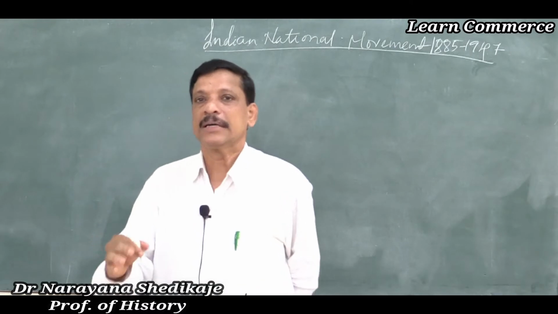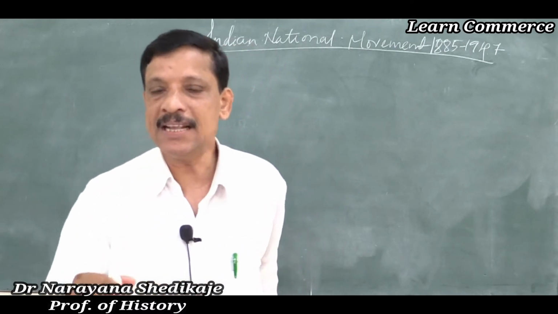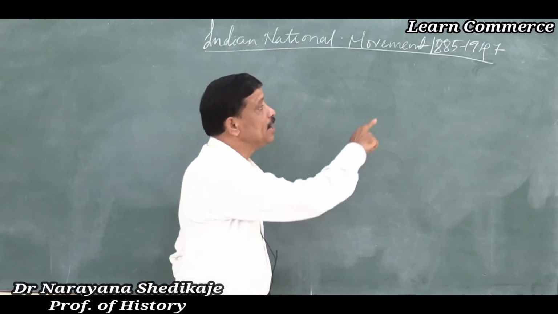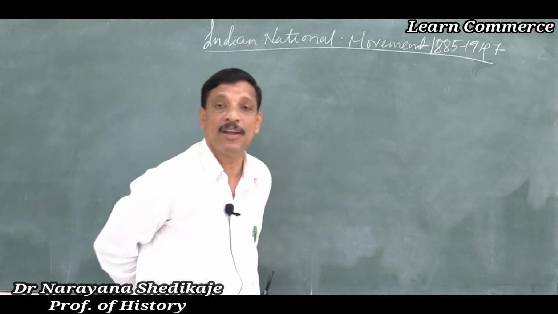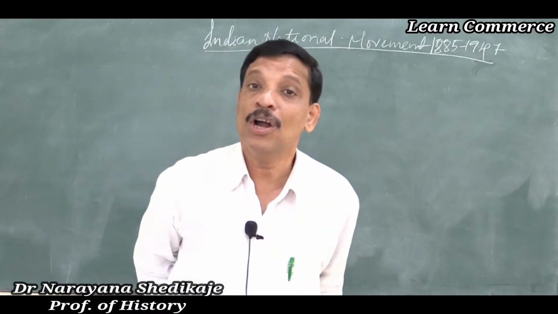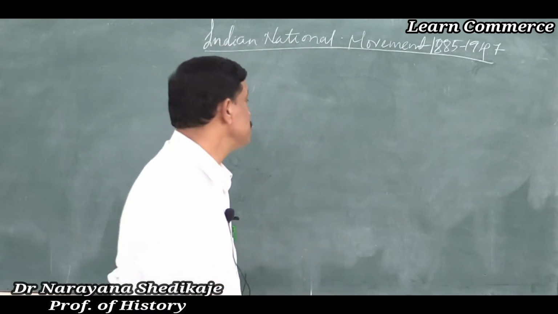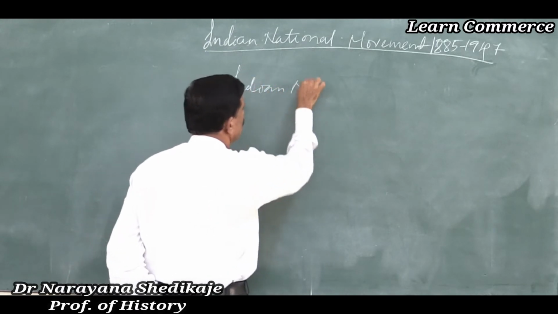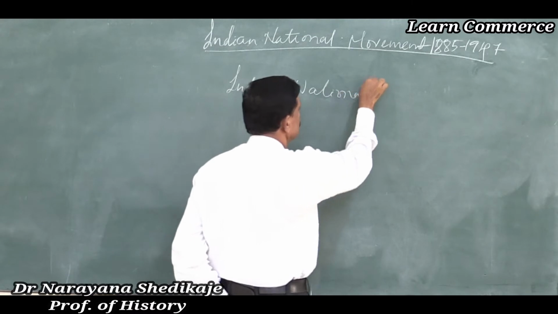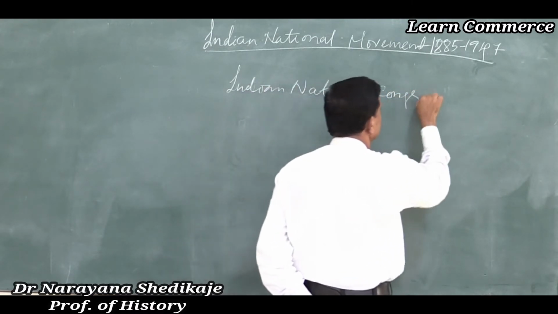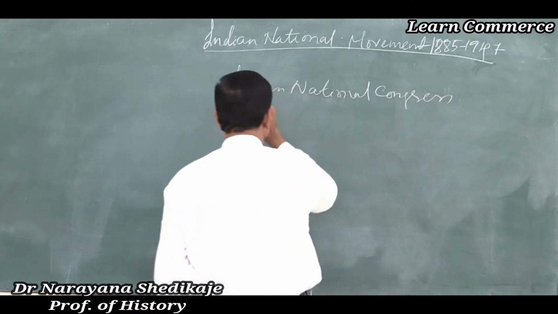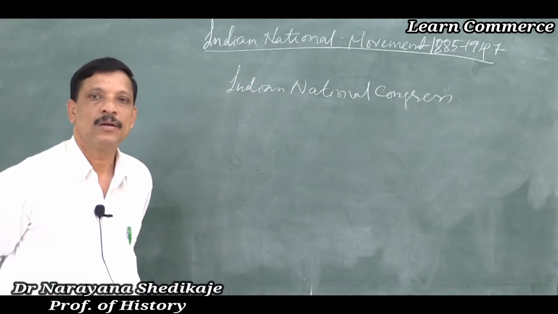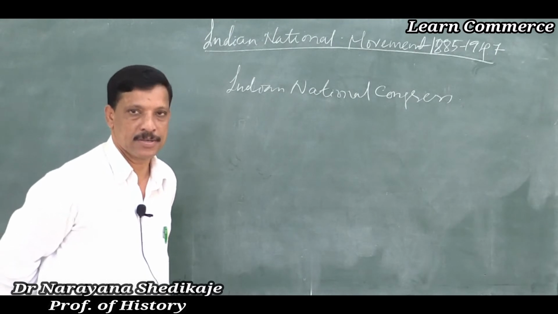In order to get independence, Indians tried their best for a long period from 1885 to 1947, and it began only after the establishment of the Indian National Congress. After the establishment of the Indian National Congress, a systematic movement was organized by Indians.